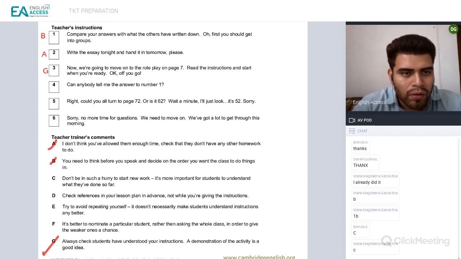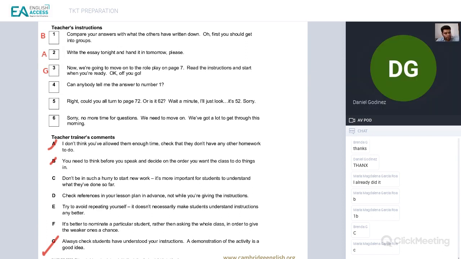Number 4. Can anybody tell me the answer to number 4? I think it could be letter F. Okay, F. Because it's better to nominate a particular student rather than asking the whole class, in order to give the weaker ones a chance.